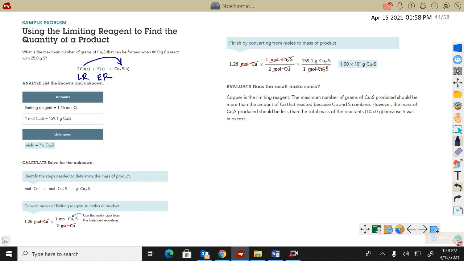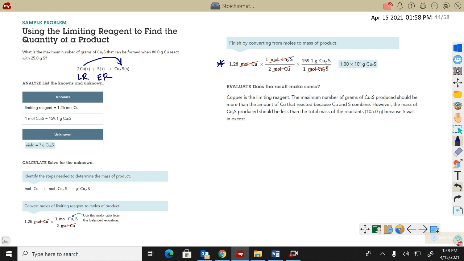Okay, so now this part becomes pretty simple. Earlier, we already calculated this number here. We already calculated moles of that copper. All we did was take the original mass, 80 grams, and then convert that to moles using the molar mass on the periodic table.